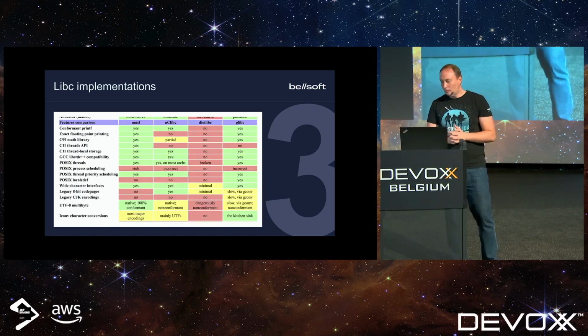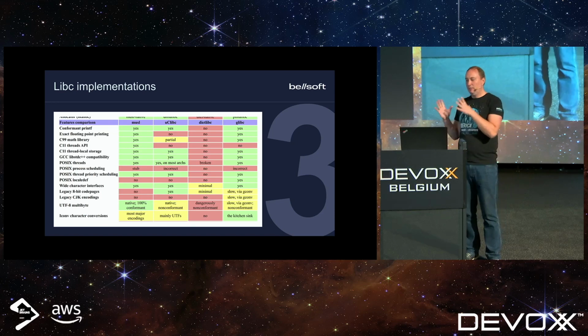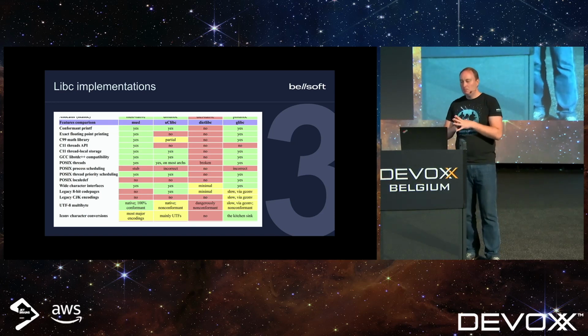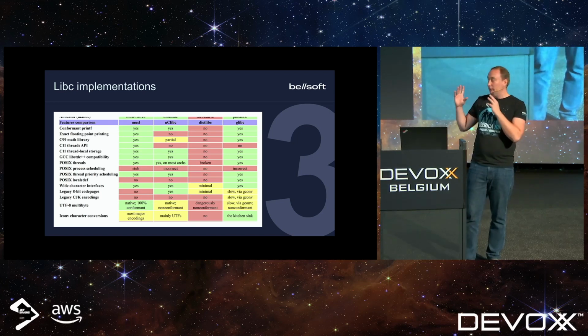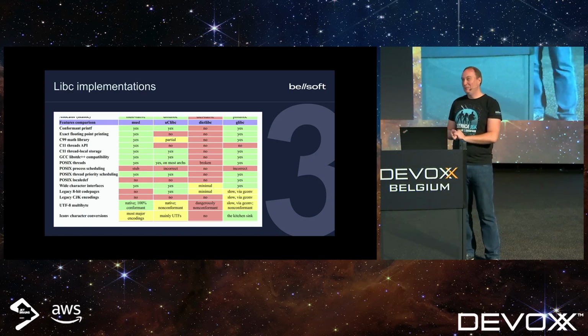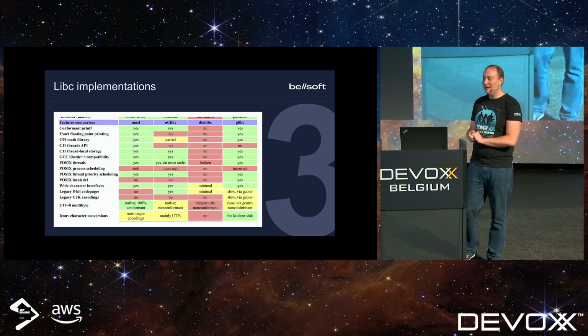Well, that doesn't look like a problem. And you see the many green lights here from musl, so this can make us sure that the quality is good and we can actually use that.